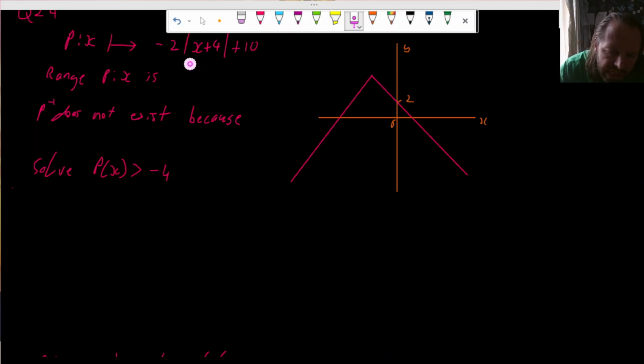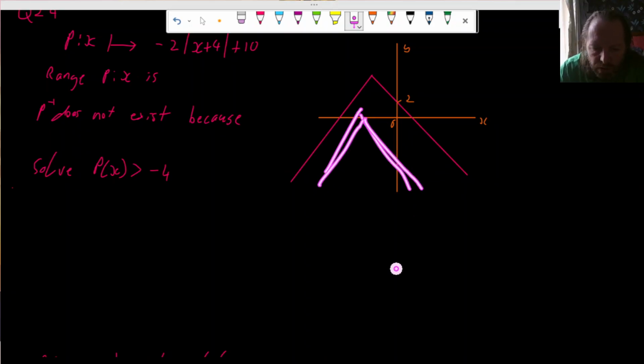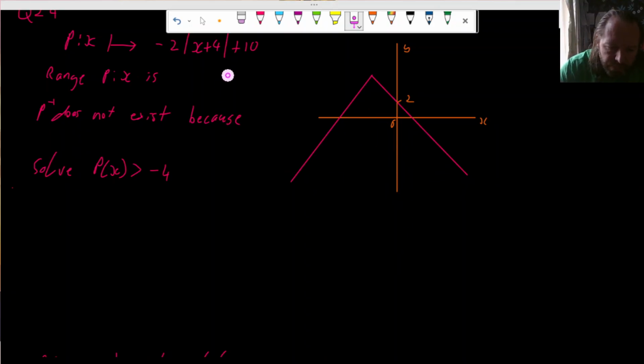If we then decide to multiply it by minus 2, that V that's cutting through minus 4 and is hitting minus 4 down here would suddenly become something like this, upside down. So that's all of the minus 2 modulus x plus 4.